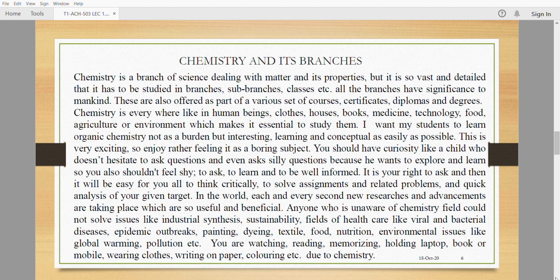So for the sake of simplicity, many branches, sub-branches and classes are classified to understand easily what we will cover under the umbrella of each branch.